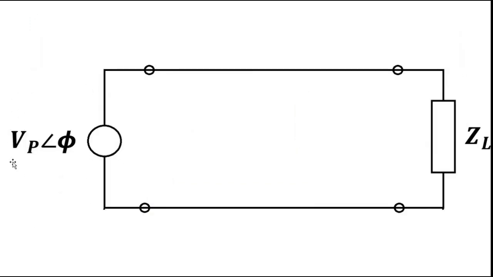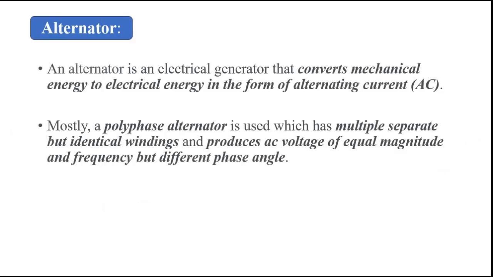So here we have an AC voltage source, consisting of a particular value, magnitude and phase. These are the transmission wires or conductors, the transmission lines, and then we have the load. So if we want to explain these things, first is the alternator. It is an electrical generator which converts mechanical energy into electrical energy in the form of AC, alternating current.